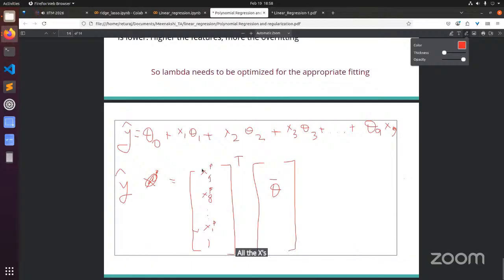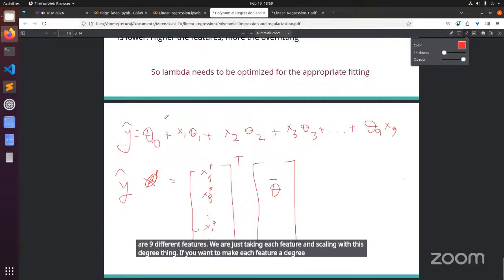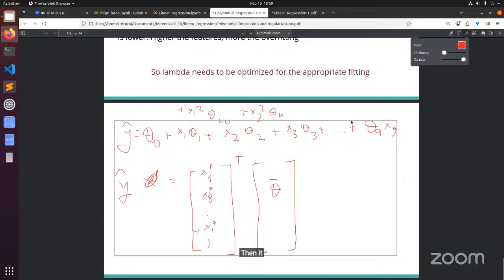It's a feature of this xp. For a single person, there are 9 different features. We are just taking each feature and scaling it. If you want to make each feature a degree 2 feature, then you have this degree 1 feature plus you have to add x1 square theta 10 plus x2 square theta 11, then it will become a degree 2 polynomial.